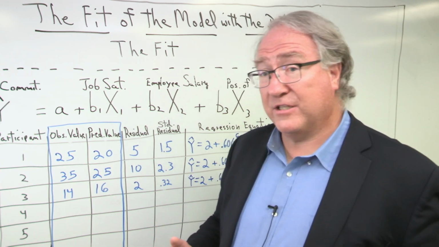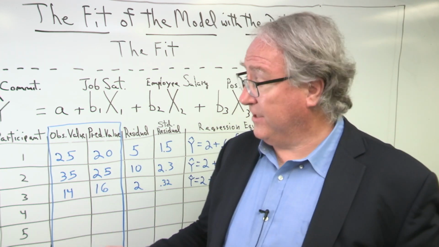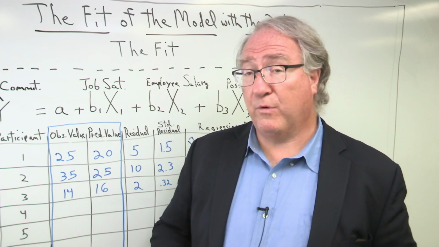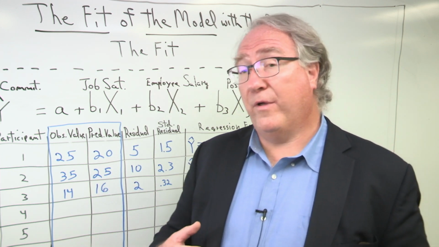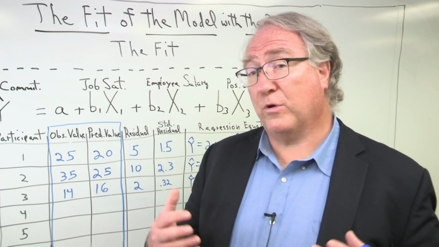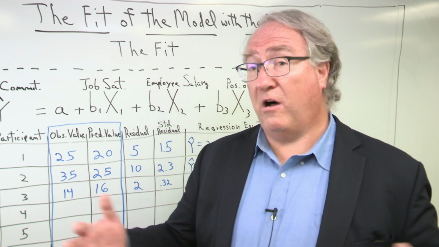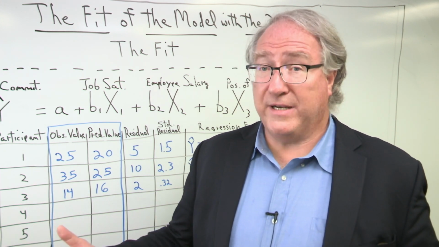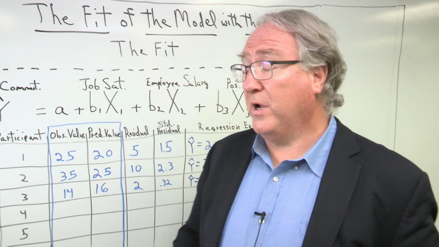And that indicates a particular instance. In this case, it's participant number 2, but we really aren't concerned with individual participants. We're concerned with what this looks like across all of the participants in our sample, but right now we'll focus on participant 2.